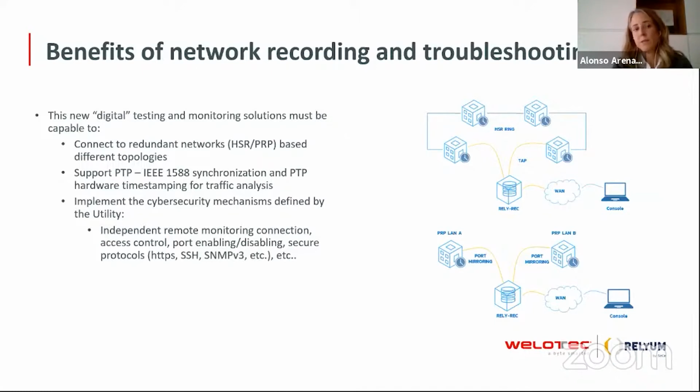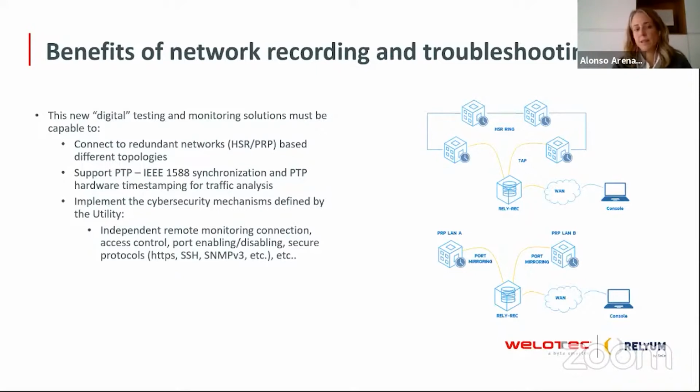We have been talking about HSR and PRP networks and PTP. So obviously, compared to other PCs with Wireshark and other IT-world analyzing tools, these new devices have to be capable of connecting to redundant networks. They have to be capable of implementing the dual attached node, and they have to support these special topologies. Of course, they have to be able to synchronize with the PTP reference of the network.